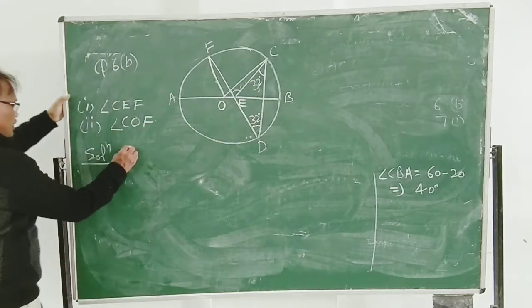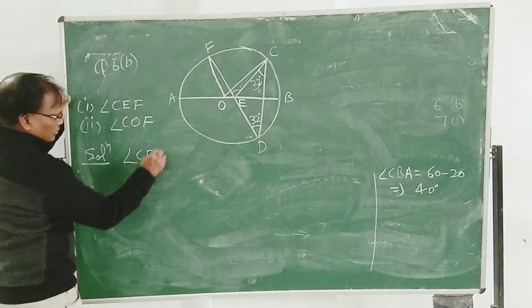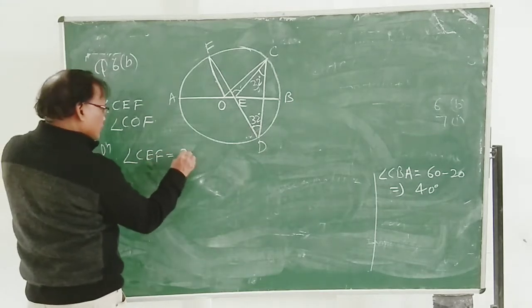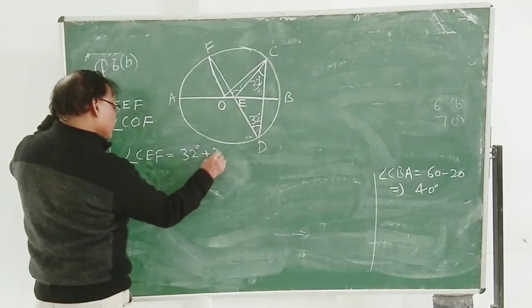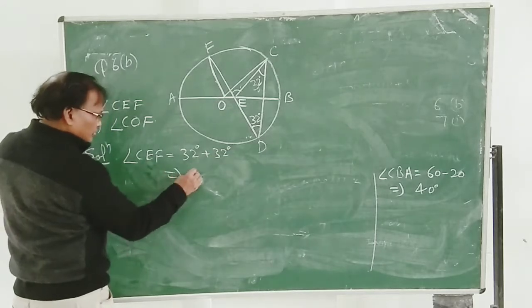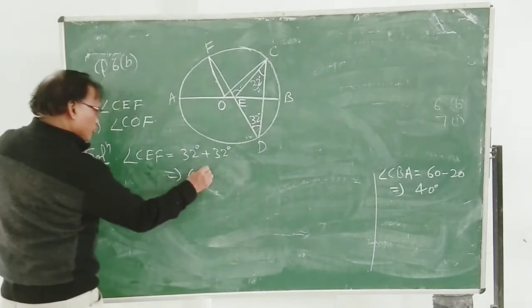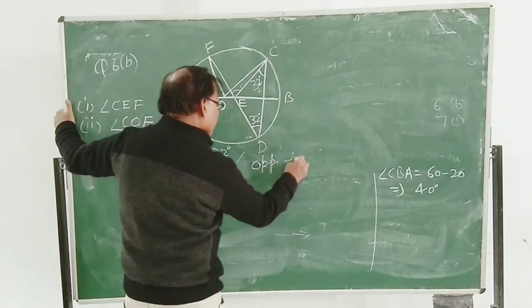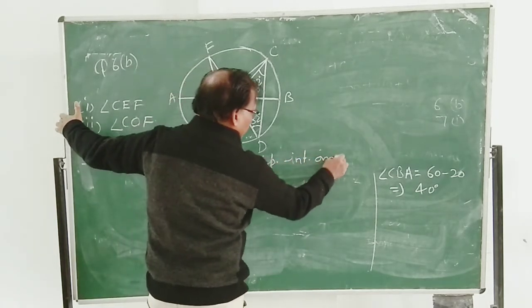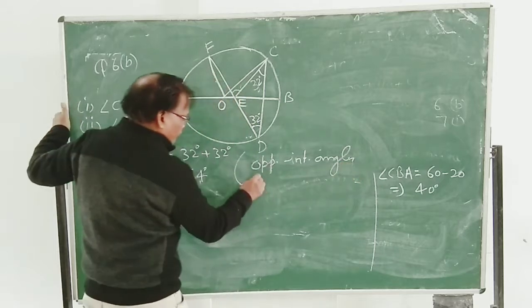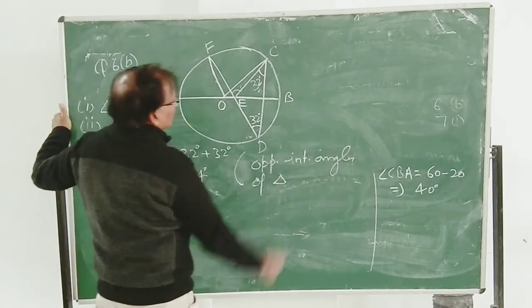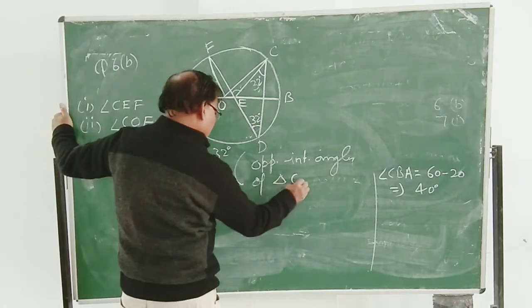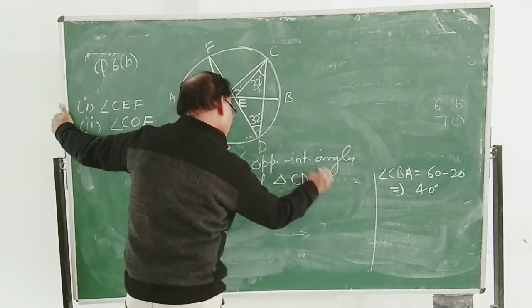So angle CEF is equal to 32 degree plus 32 degree, which is 64 degree. Opposite interior angles of triangle CED, yes, CDE.